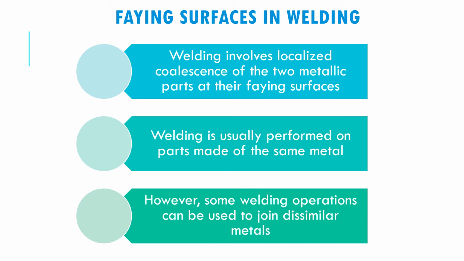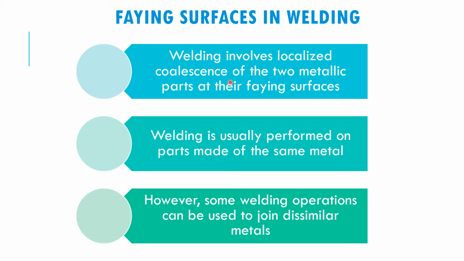Welding usually involves the localized coalescence of the 2 metallic parts, where they are at the faying surface. Meaning that when the materials contact each other at the faying surface, we are going to join them together. Welding is usually performed on parts of the same metal.